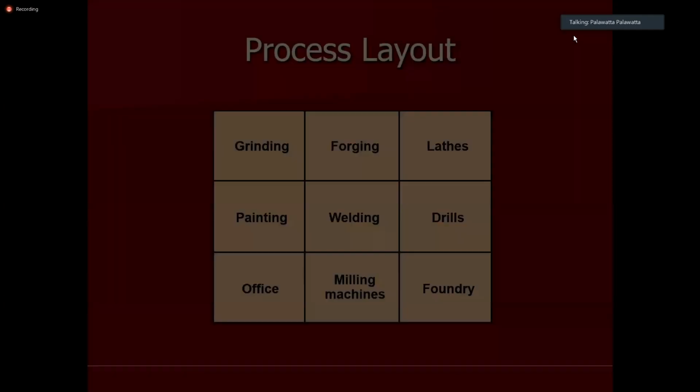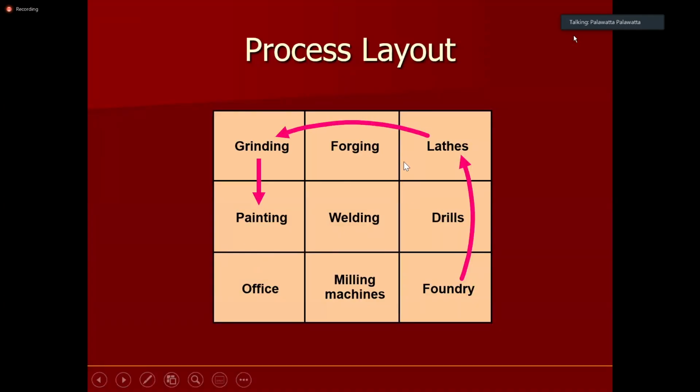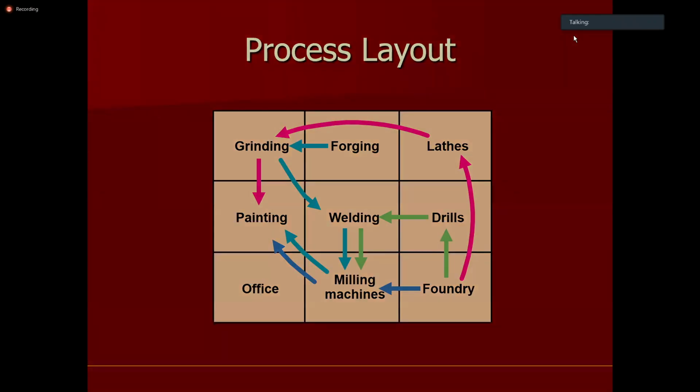So here you can process many products at the same time. In the product layout, you process only one product in one assembly line. Okay, so then it is more efficient.